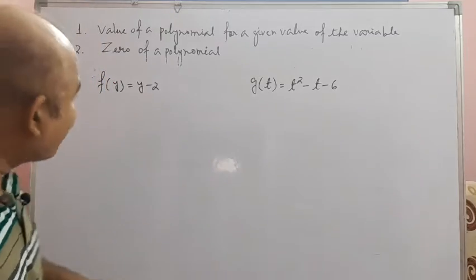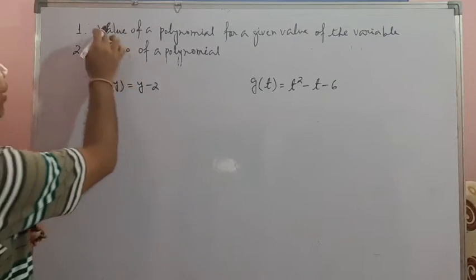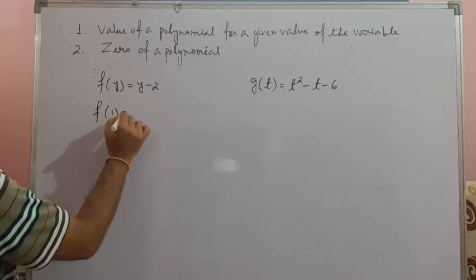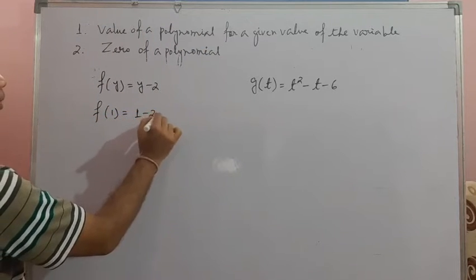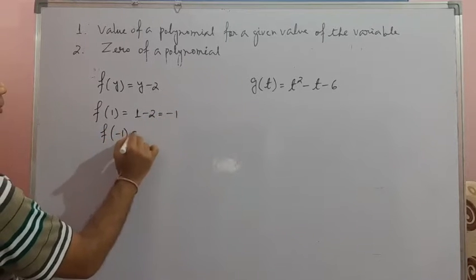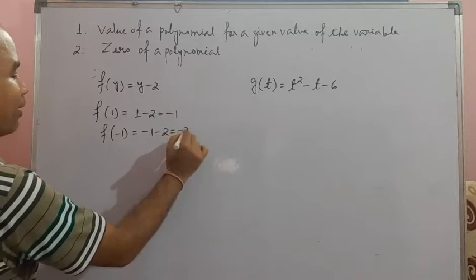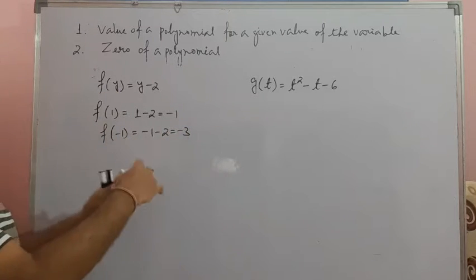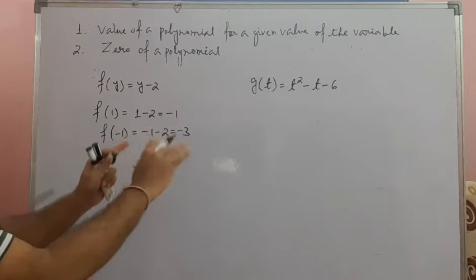Now here, as we have already discussed the first topic, following that, let me put y equal to 1. So what is the answer? 1 minus 2, that is minus 1. In place of y, let me put minus 1: minus 1 minus 2 is minus 3. In this way, I can put the real numbers 1, minus 1, 2, minus 2, etc. and I will get the values.